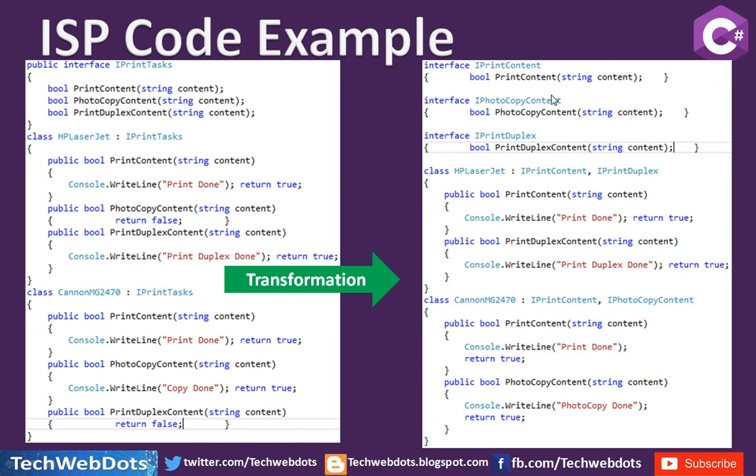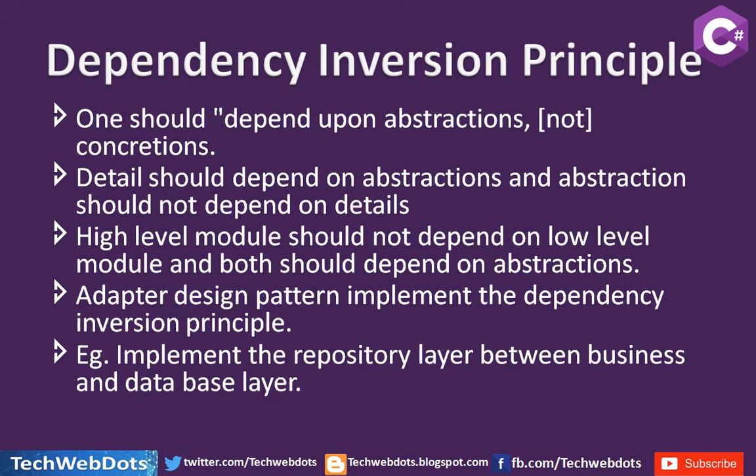We will just create three different interfaces: print content, print copy content, and print duplex content, and wherever required we can apply only those smaller interfaces and implement them. We don't need to forcefully implement an interface which is not required for that printer, okay. That's how we implement ISP, okay. Let's move to the next.